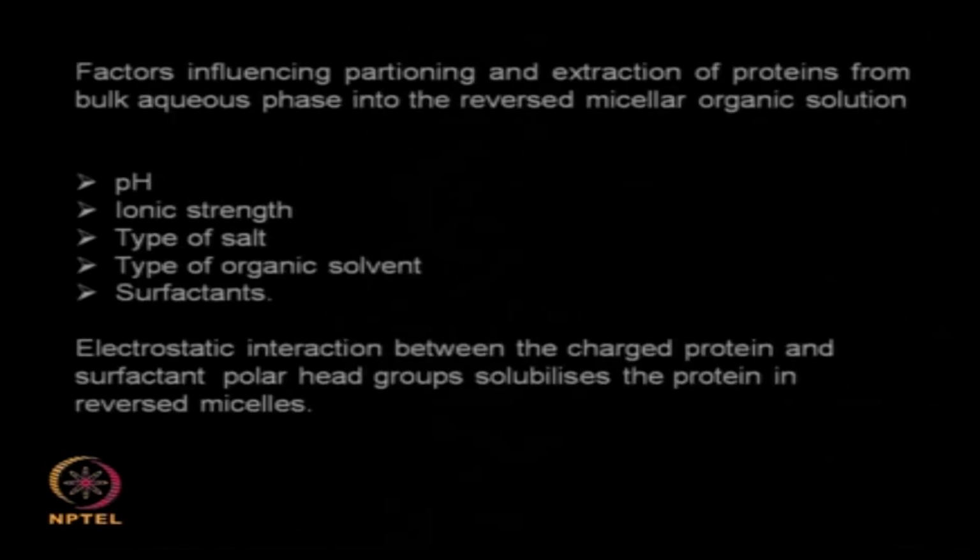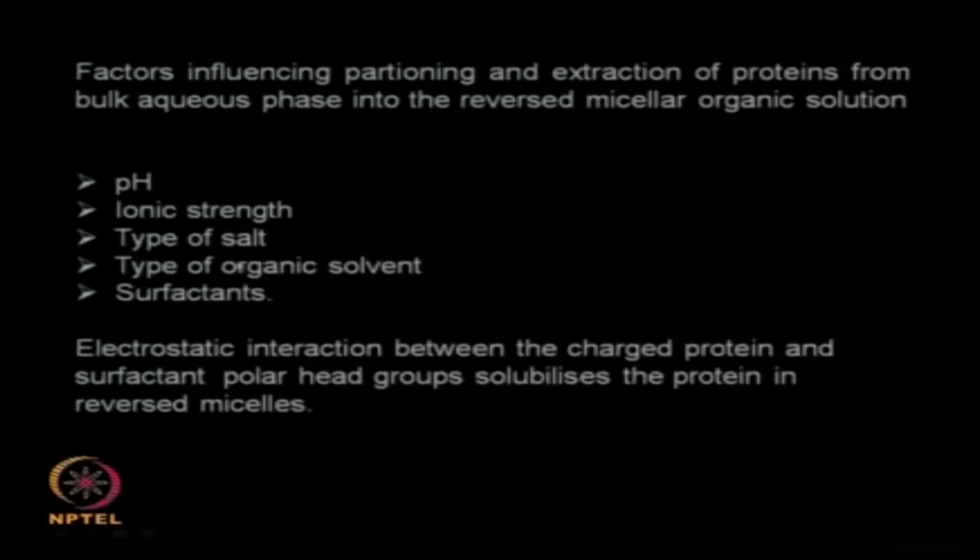Now what are the factors that affect it? As you can realize, it is an aqueous system, that is where the reverse micelles are formed. So there are many factors which affect reverse micelles. The most important are the pH, the ionic strength, the type of salt we use, the type of organic solvent, and the type of surfactants we use.